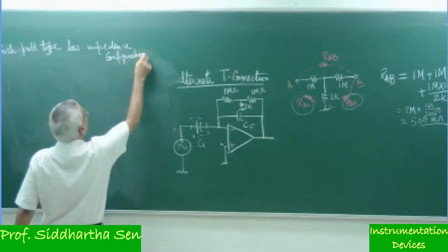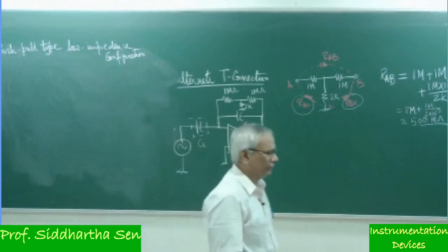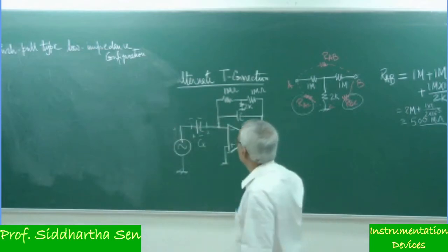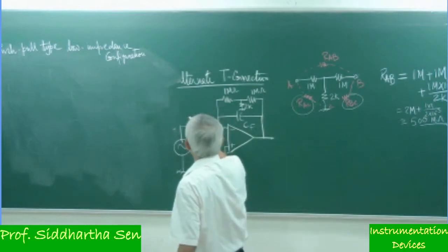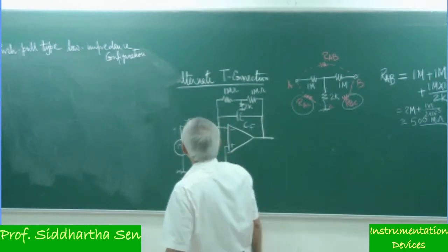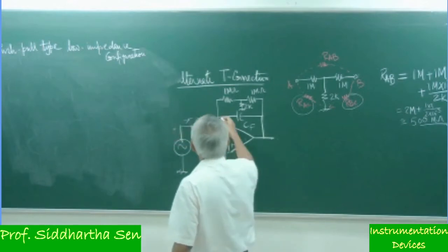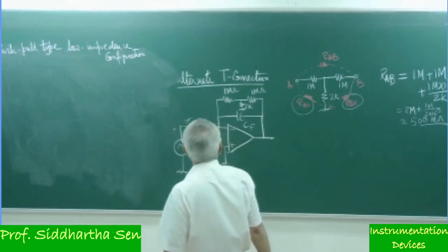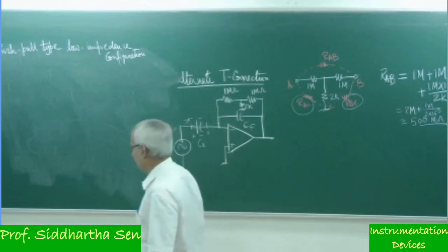We have already told last day why it is called a low input impedance configuration. Because this Cx is drawing some current from the source there, and that's why it is providing a low input impedance path, and that's why it is called a low input impedance path like this.